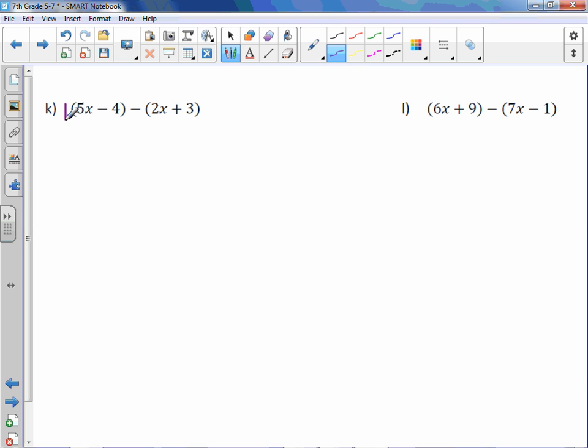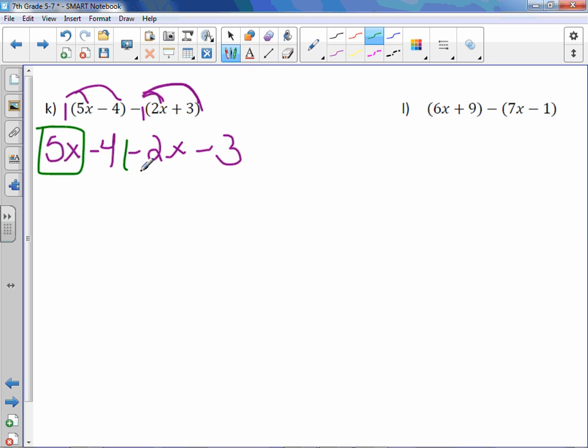Letter K, distribute 5x minus 4. Negative 1 times 2x is negative 2x. Negative 1 times 3 is negative 3. Combine like terms. 5x minus 2x is 3x. Negative 4 minus 3 is negative 7.